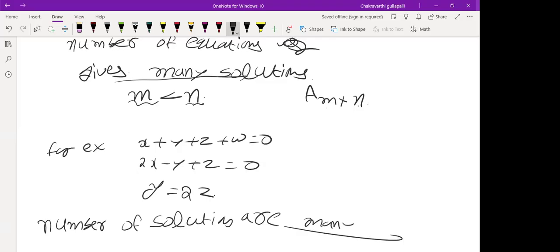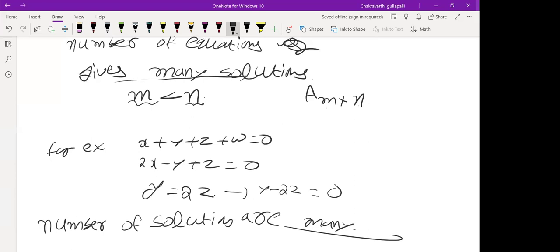Without solving, you can answer. Why is it so? How many unknowns? x, y, z, w: 4 unknowns. How many equations? 3 equations. So the number of equations is fewer, and it is homogeneous. Moreover, homogeneous means even if you take everything to the left side, the right side will be 0: no non-zero constants. So without putting pen on the paper, you can answer that the number of solutions is many.